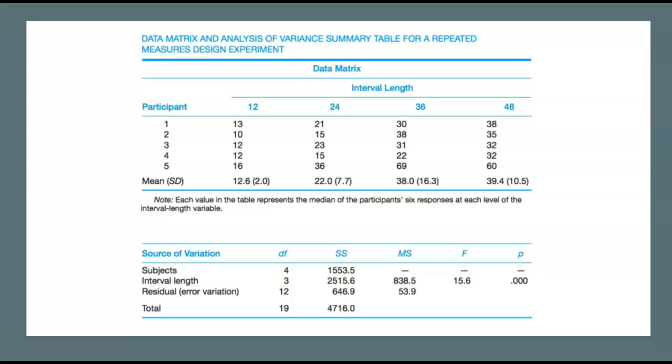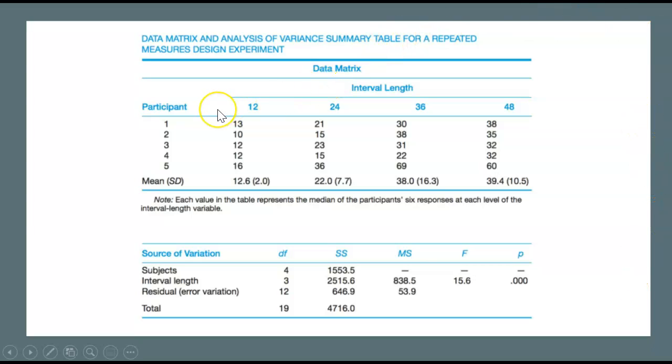So in the top image, you have the data matrix, which basically is a table of individual scores. And you have different interval lengths in this particular study. Then the bottom table is the SPSS output, with degrees of freedom, sum of squares, mean squared, F value, and P value in it.